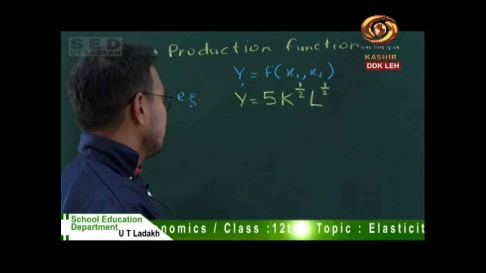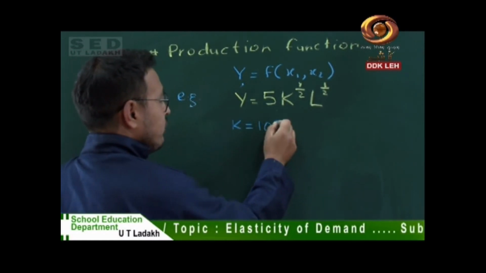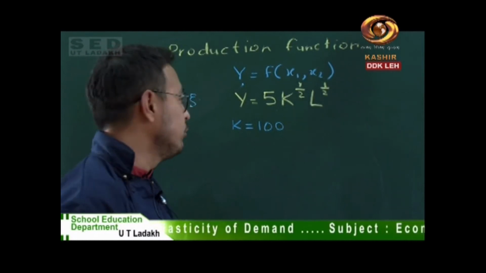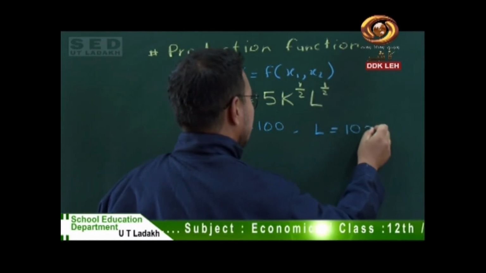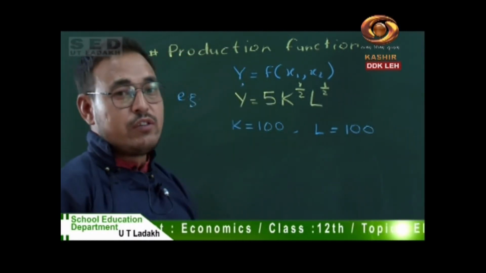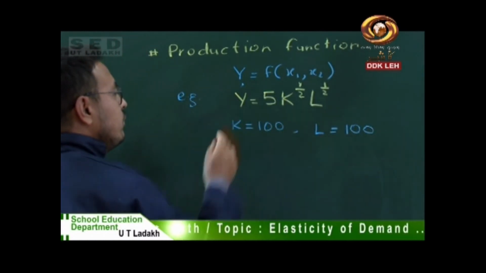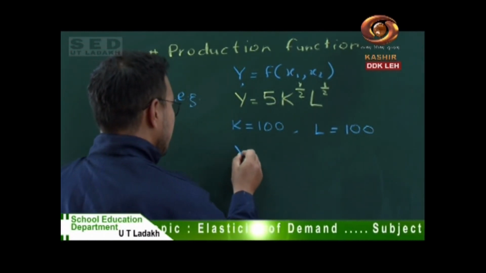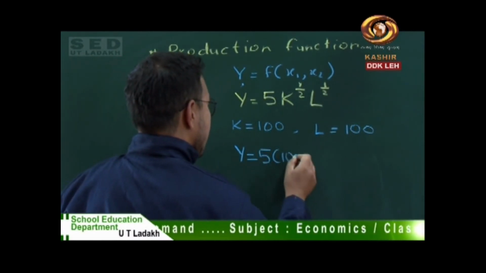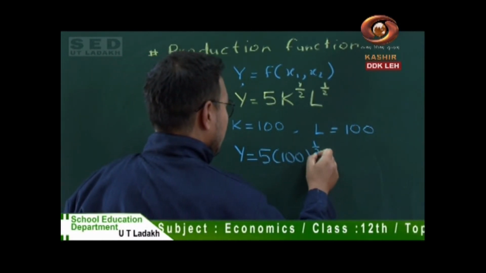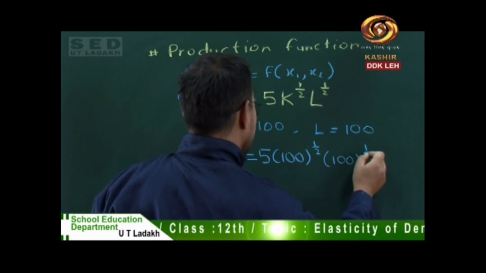We can solve it. Suppose your k is given. Say k is equal to 100. You are employing 100 units of capital, and also say you are employing 100 units of labor. Now, through production function, we will be looking at how much will be the output. You can simply put the value over here. So y is equal to 5 times root of 100 times root of 100.